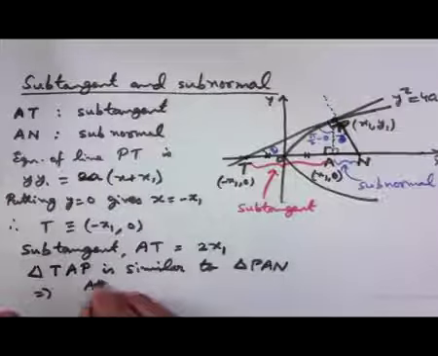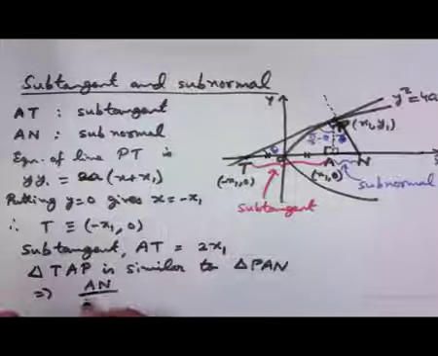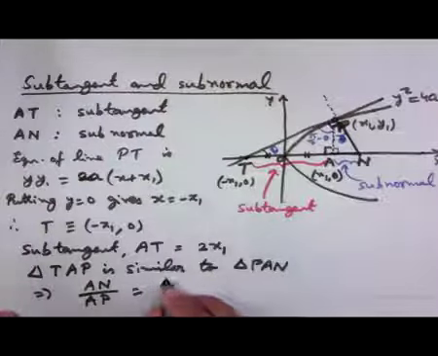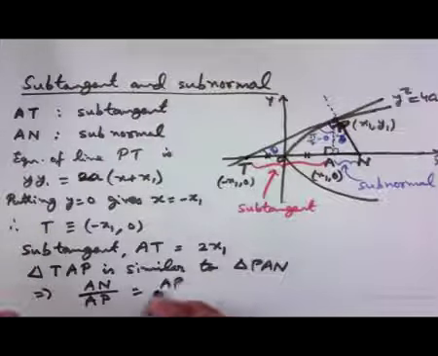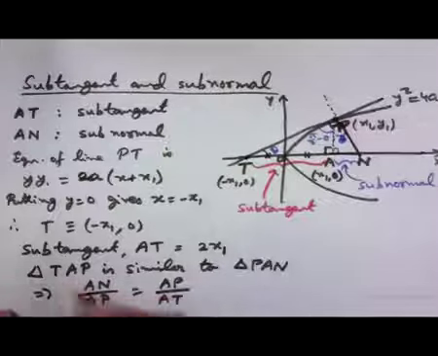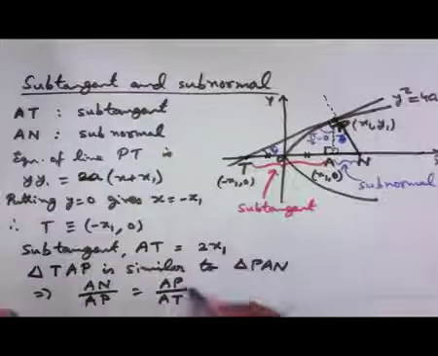and therefore, if I write A N divided by A P, this is same thing as A P divided by A T. In the similar triangles, we know that the ratios are the same.